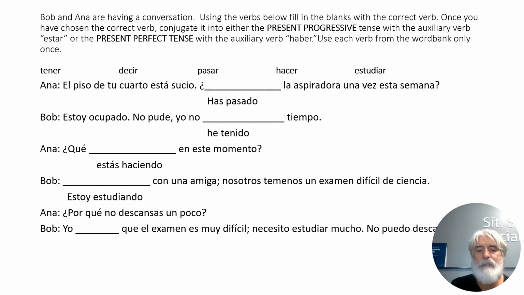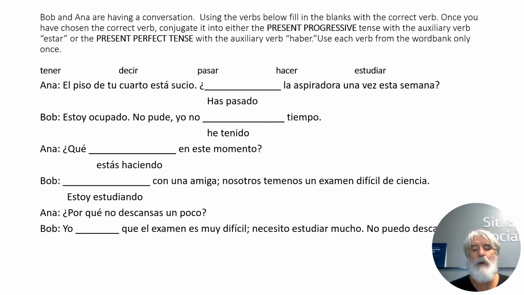I can't rest. No puedo descansar. So he's going to use the present perfect tense. I have said, I've already said, is the way you would respond back. You're going to use the present perfect tense. So yo, you have to use the verb haber. And then since we're using the present perfect tense, we have to use the past participle.